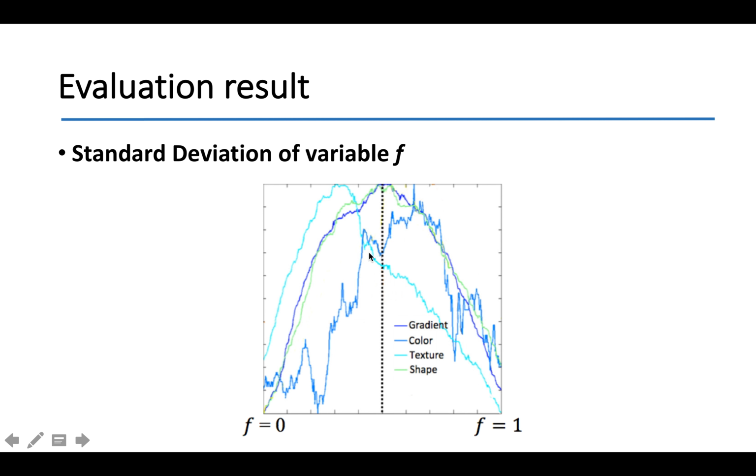So the next part is the standard deviation of variable f. To evaluate the overall performance of the region types, I calculated the standard deviation of each image feature type's memorability scores and drew them together for comparison. As shown in the picture, I use four lines with different colors to demonstrate the different memorability scores for each image feature.